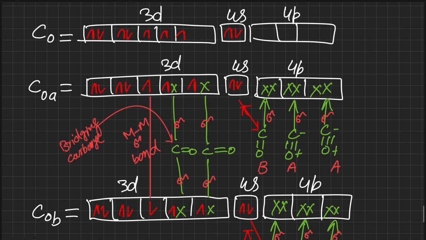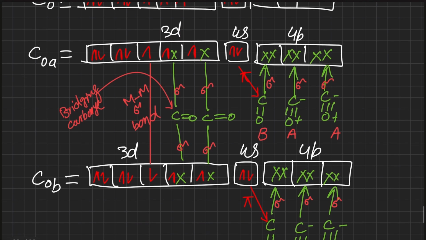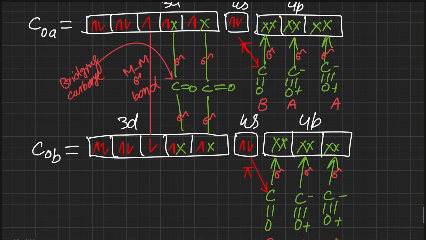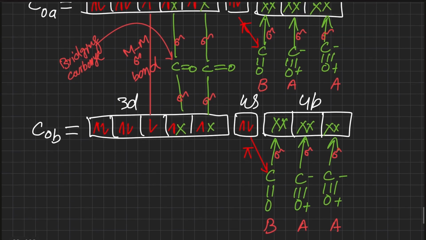So in order to confirm that we have included all the electrons of cobalt, the total number of valence shell electrons of cobalt are 1 2 3 4 5 6 7 8 9. So there are 9 electrons, and we have included all the electrons of the cobalt.